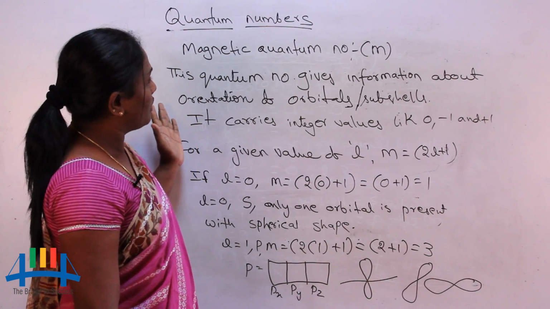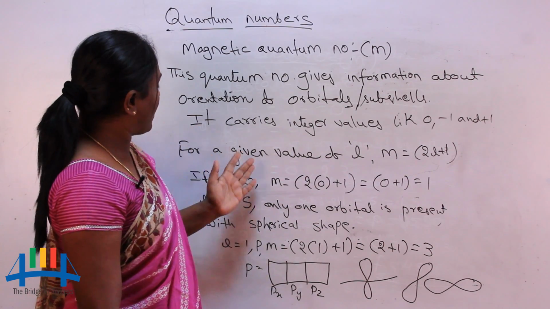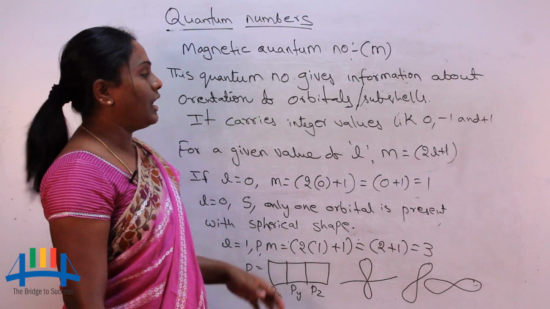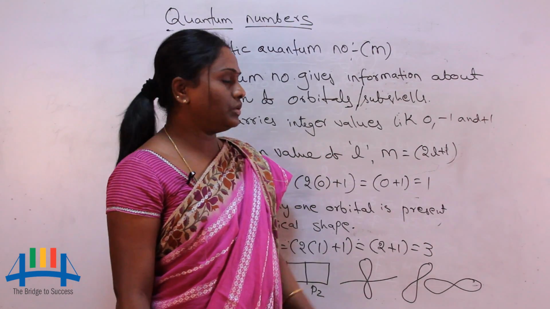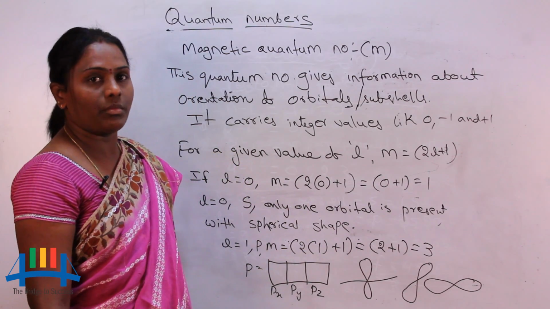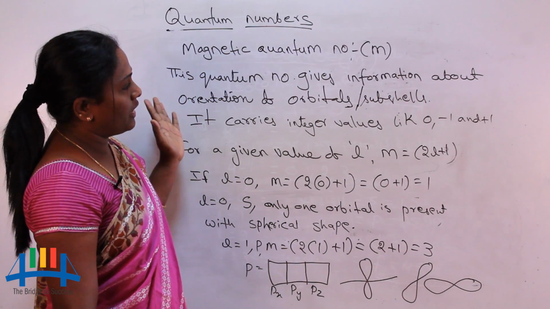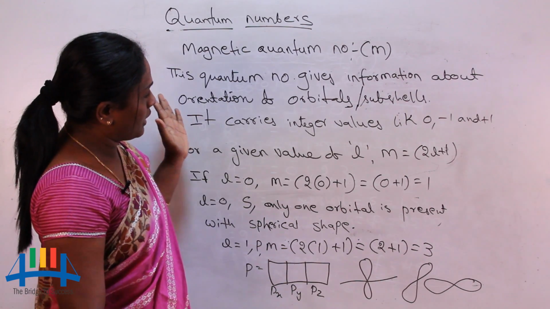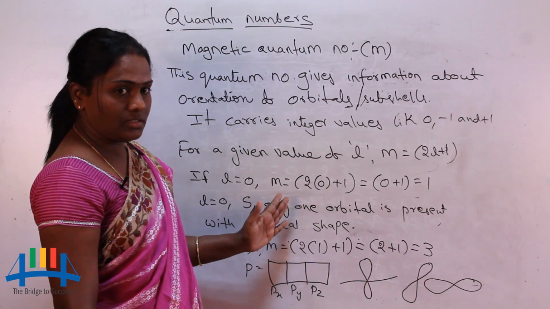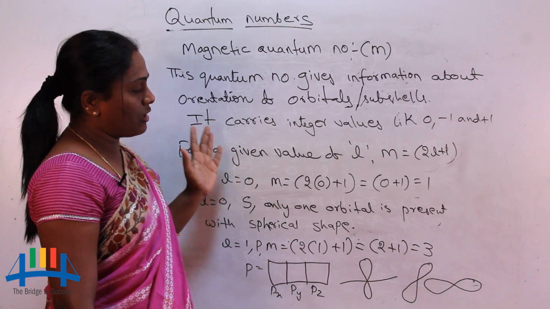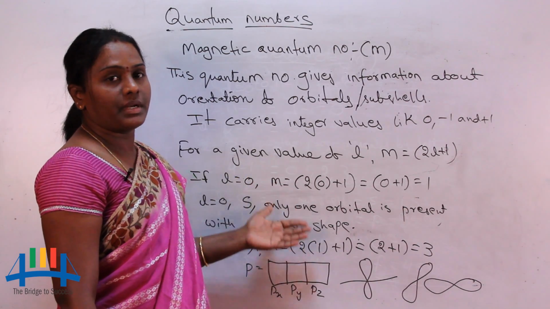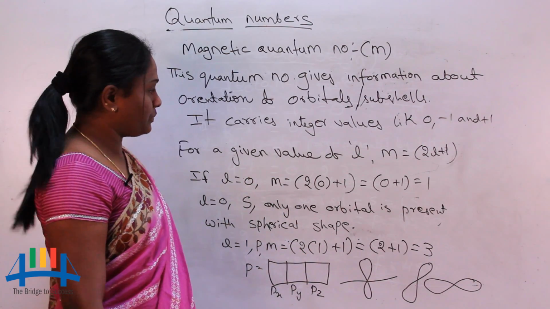For a given value of l, the number of m values is 2l plus 1, which is the formula. It gives information about the orientations and the number of orbitals present in each subshell.